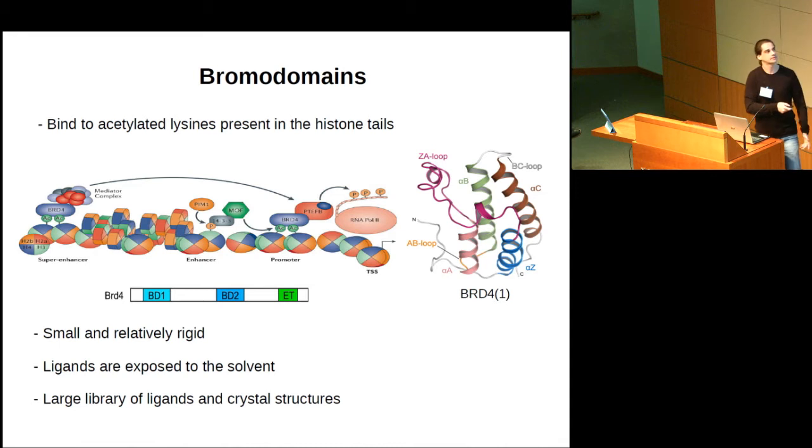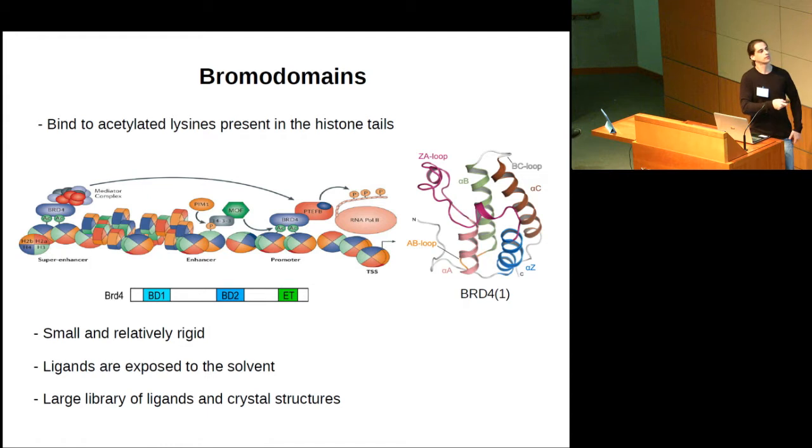They're suitable for these types of calculations because they're small and relatively rigid, so the conformational space is not that large if you can restrain it properly. The ligands are exposed to the solvent. The APR is actually an umbrella sampling method, so if they're exposed to the solvent, you don't have steric clash effects when you pull the ligand out to the solvent.